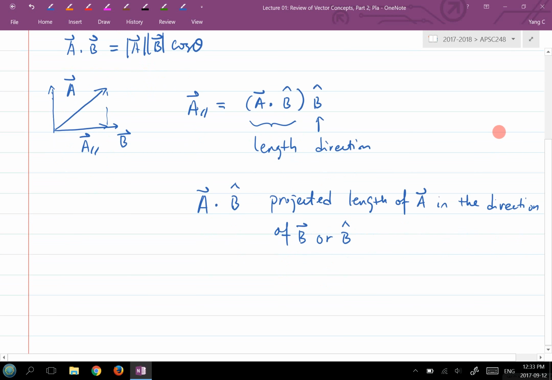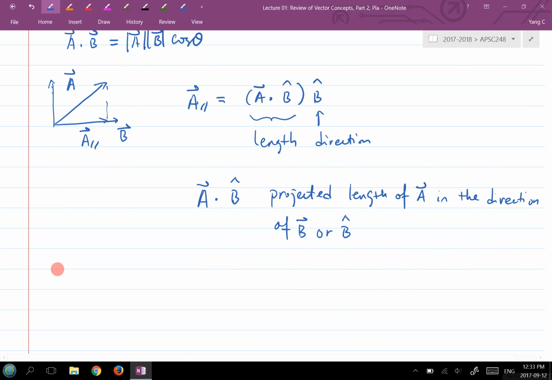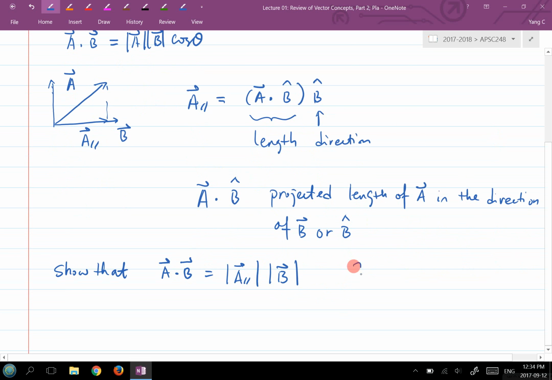Now, if you're interested, you can relate this dot product to the results we wrote here. It's easy to show that the dot product A dot B can be rewritten, using the expression here, as the absolute value of A parallel times the absolute value of B. You can try to show this; it's quite obvious.